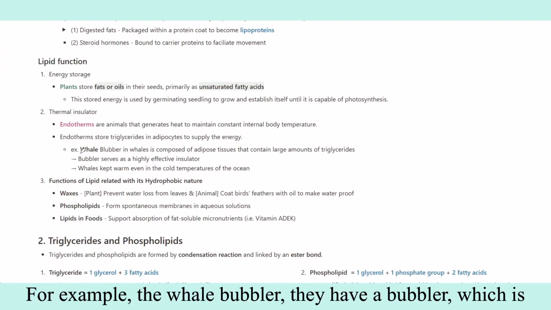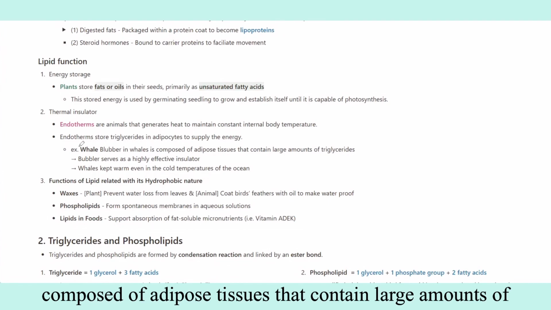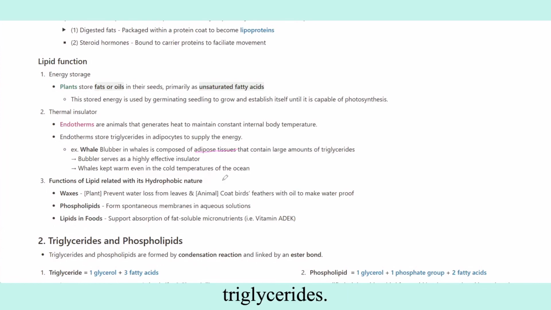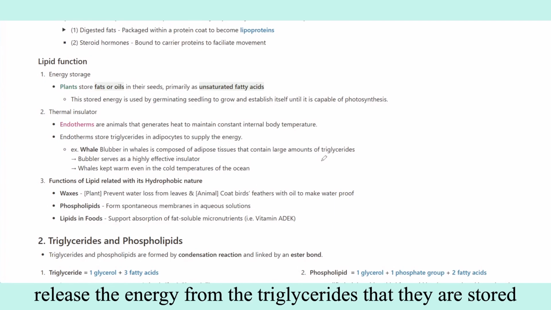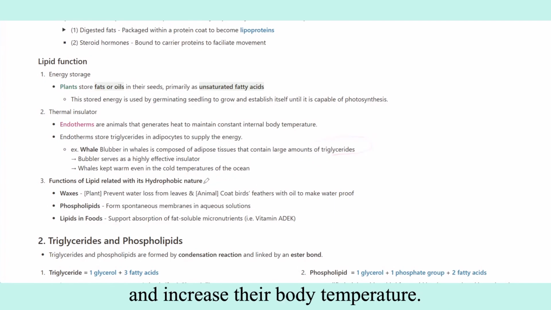For example, whales have a blubber which is composed of adipose tissues that contain large amounts of triglycerides. Whenever they need to increase their temperature, they can release the energy from the stored triglycerides and increase their body temperature.